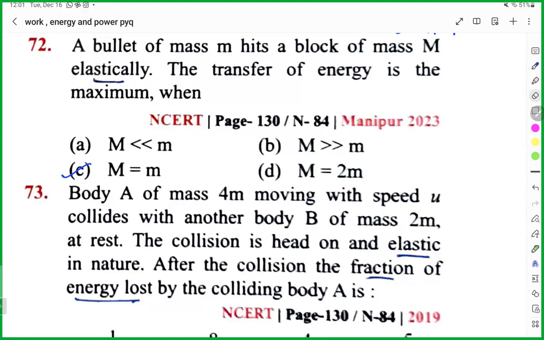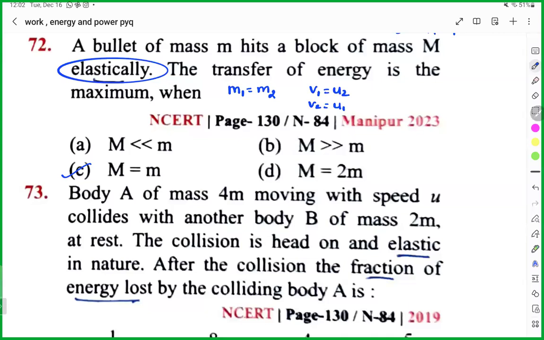This word elastic collision is the most important thing here. If they give inelastic collision, then the situation will be different. It is saying it is proper elastic collision. And in case of elastic collision, if the mass is the same, we discussed this case. If m1 is equal to m2, then v1 will be equal to u2 and v2 will be equal to u1. Interchange of velocity, exchange of velocity, sorry.